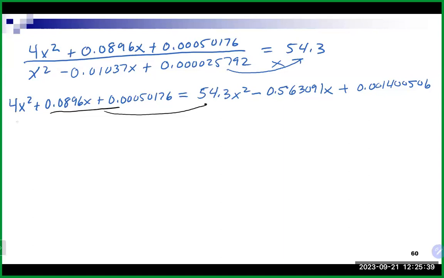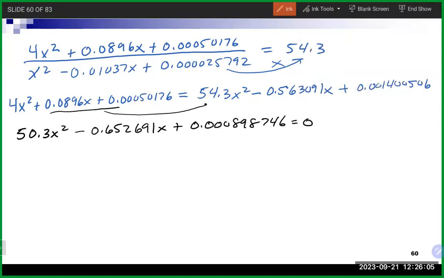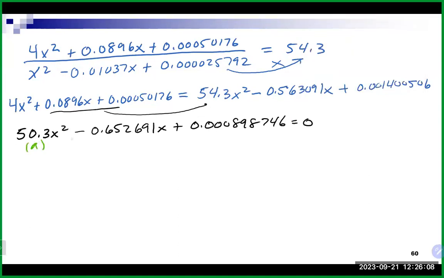And when you bring it all together, you get your final happy quadratic equation of 50.3x squared minus 0.652691x plus 0.000898746 equals 0. That finally is, if you're still with me and haven't walked out yet, our A, B, and C values that we need for our quadratic. Any questions on that so far?